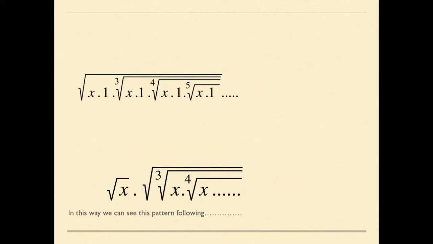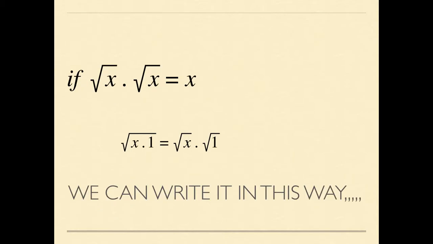Now, in every piece of square roots, I have included times 1 so that it will be easier for me to break down each and every part of that square roots, cubic roots, fourth roots, and fifth roots into different terms. So that is done in the same way as root under x times 1 is equal to root under x times root under 1.